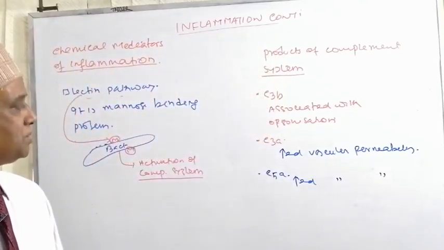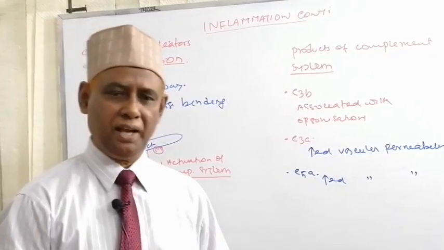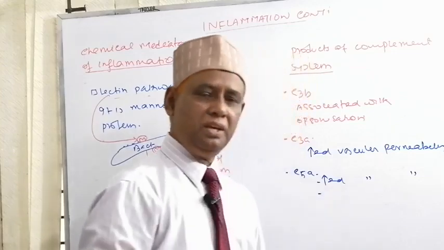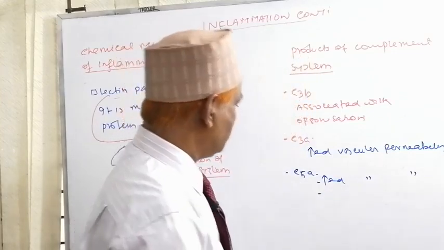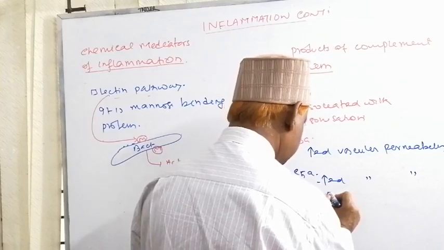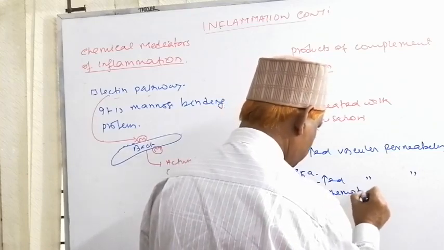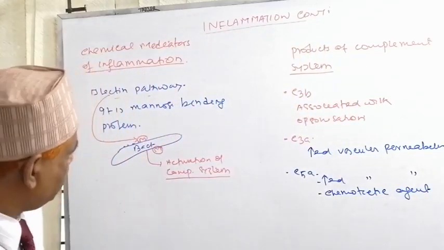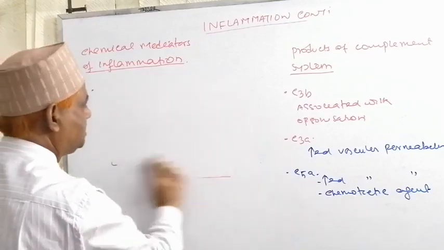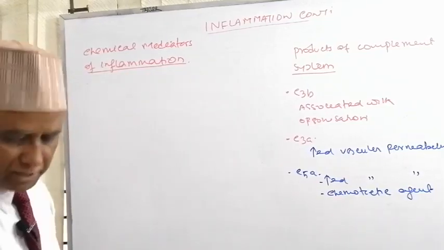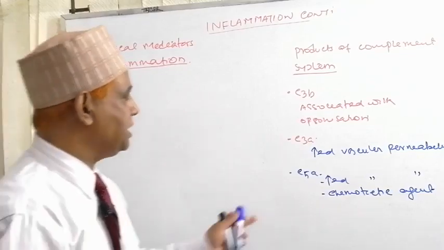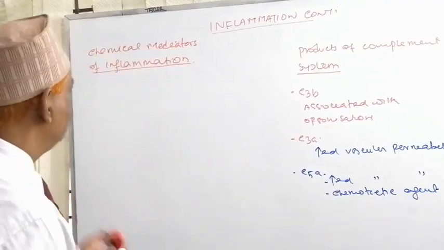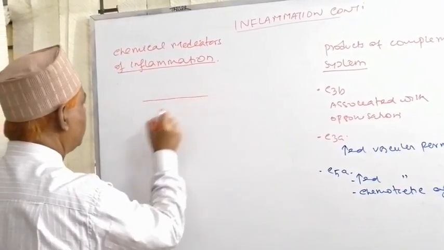At the same time, C5a also acts as a chemotactic agent. Dear audience, C3a and C5a both are associated with increased vascular permeability, but C5a, in addition to increased vascular permeability, is associated with chemotaxis.